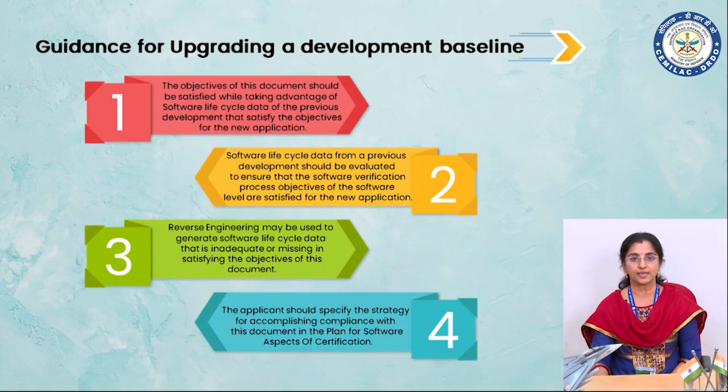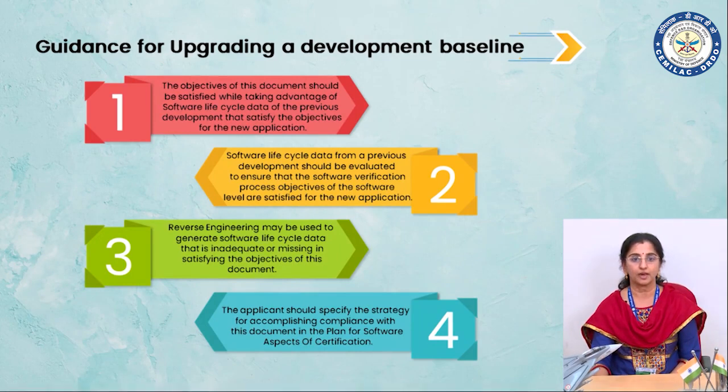The software lifecycle data from a previous development should be evaluated to ensure that the software verification process objectives of the software level are satisfied for the new application. Reverse engineering may be used to generate software lifecycle data that is inadequate or missing in satisfying the objectives of DO178C. The applicant should specify the strategy for accomplishing compliance with this document in the plan for software aspects of certification.